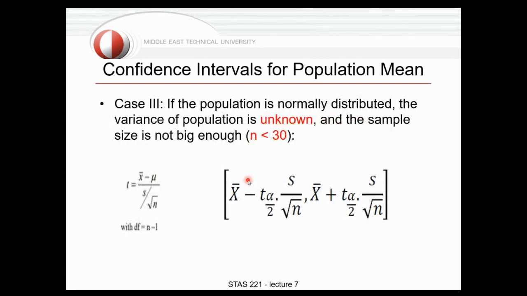Okay, case 3. The population is normally distributed, the variance of the population is unknown. Okay, this is a problem, as we said, but we have more problems here. The sample size is not big enough. By the way, when I say big enough, usually we consider it more than 30, and this is based on our taste.